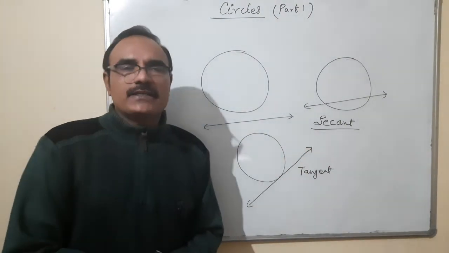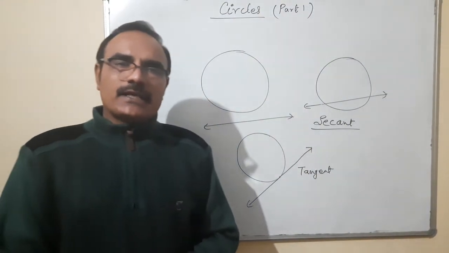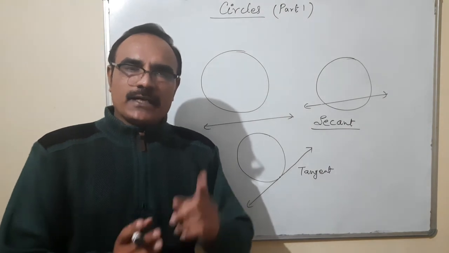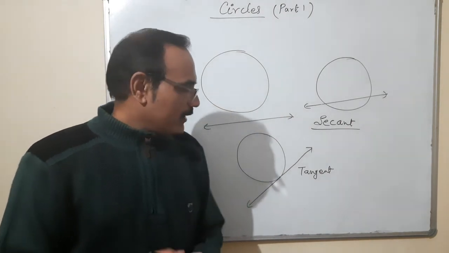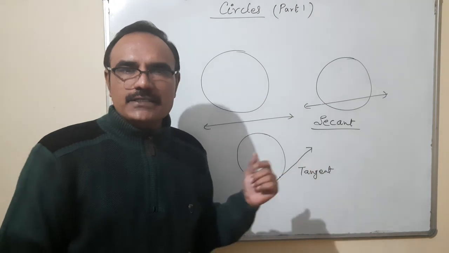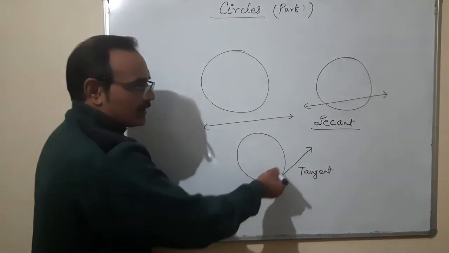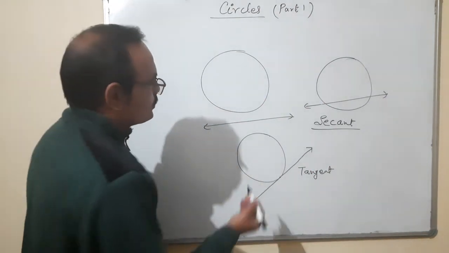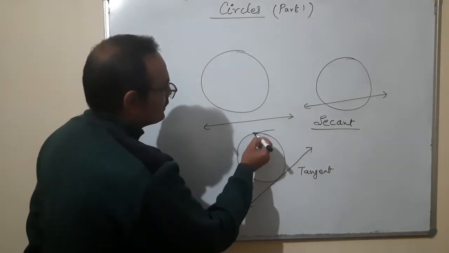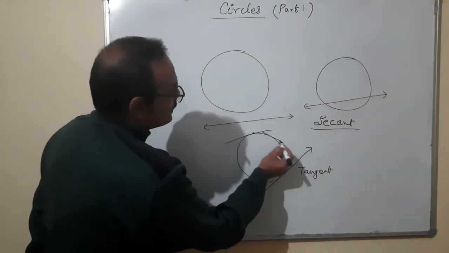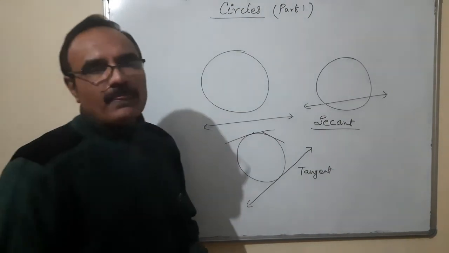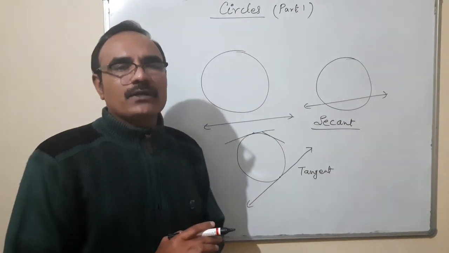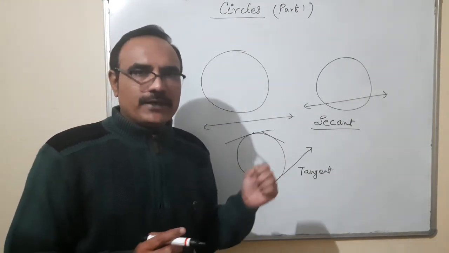A tangent to a circle is a line which touches the circle at only 1 point. How many tangents can be drawn? Infinite tangents can be drawn, because on the circumference of a circle there are infinite points. Through 1 point you can draw one tangent, through another point you can draw another tangent.